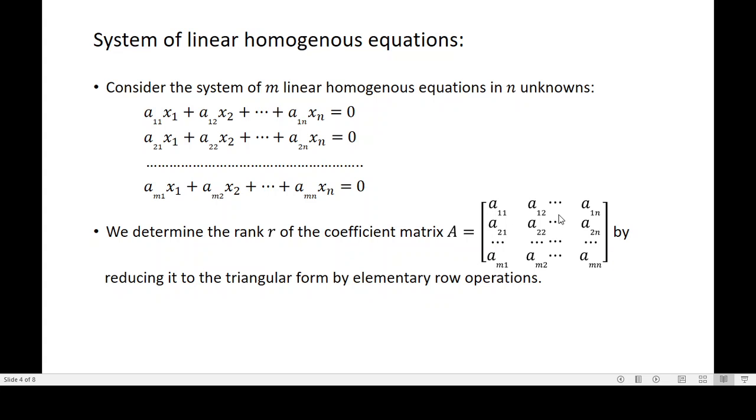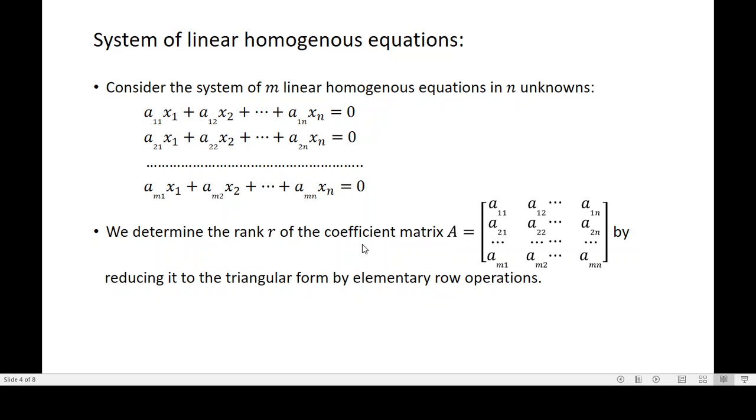We find the rank of the coefficient matrix using elementary row operations by reducing the matrix to triangular form. That is, we find the rank by reducing it to upper triangular matrix or lower triangular matrix using elementary row operations. There are m equations in n unknowns.